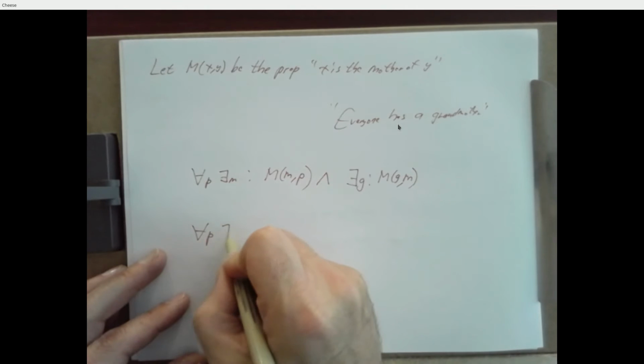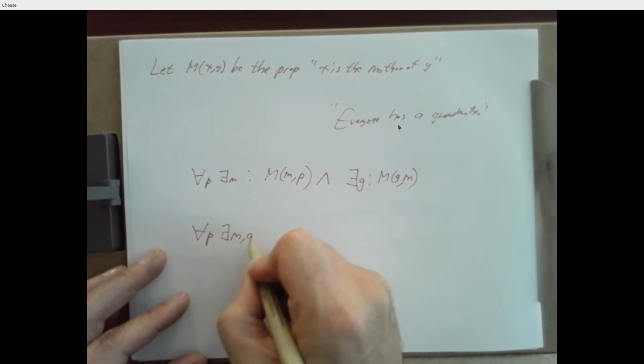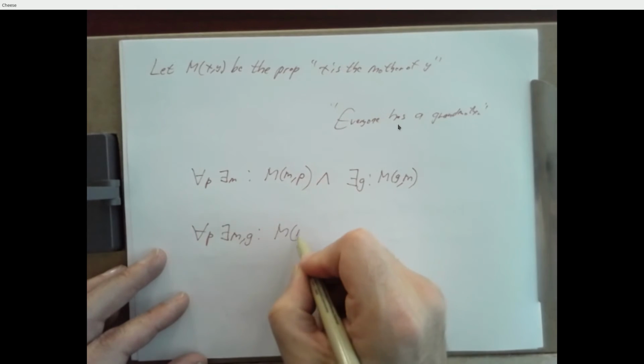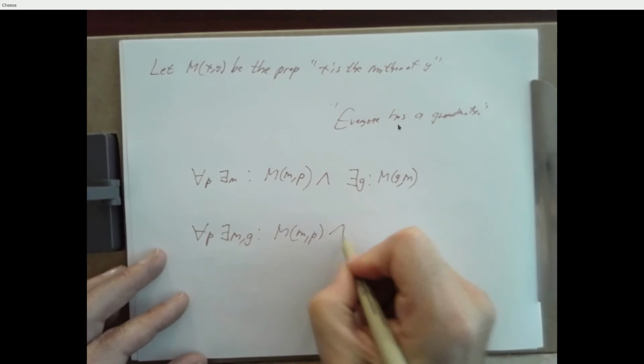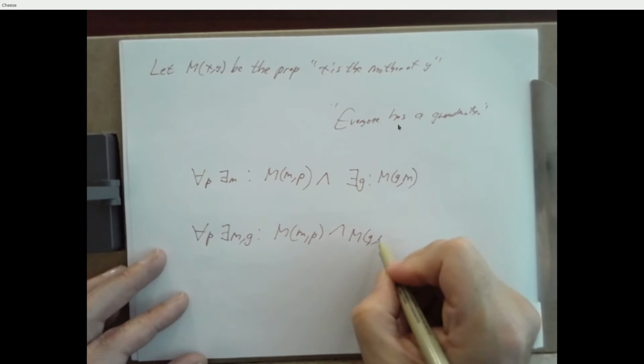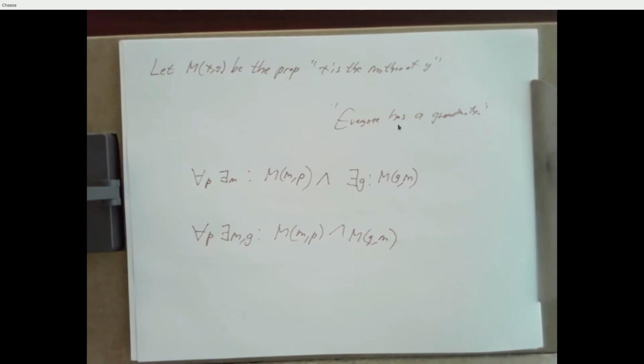For all P, there exists M and G such that M of M comma P and M of G comma little m. So that would probably work.